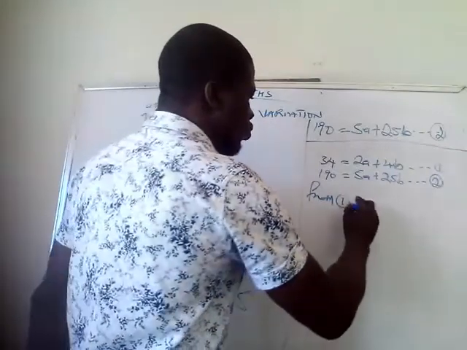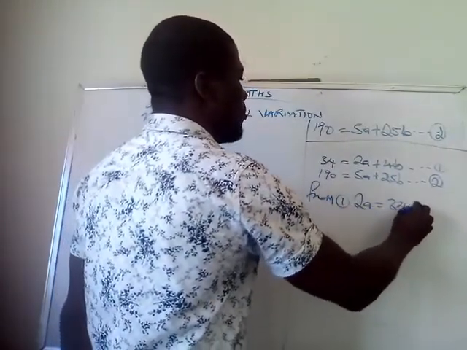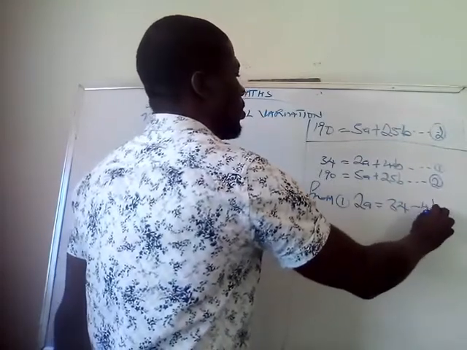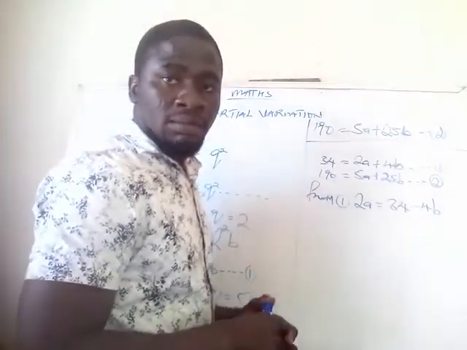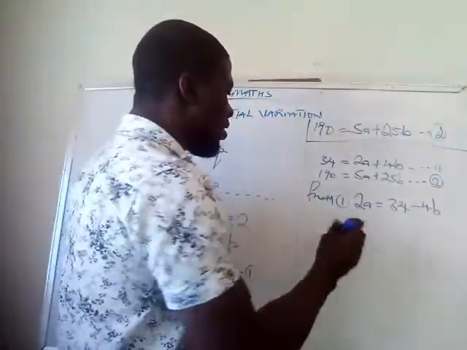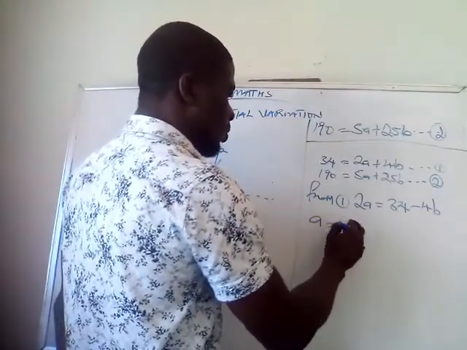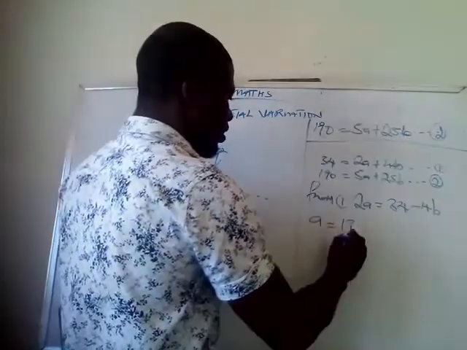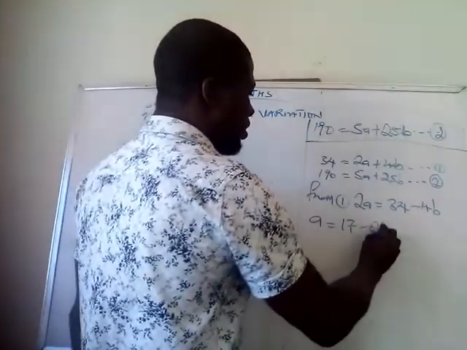So you have 2A is equal to 34 minus 4B. You divide both sides by 2, and you have A equal to 17 minus 2B.